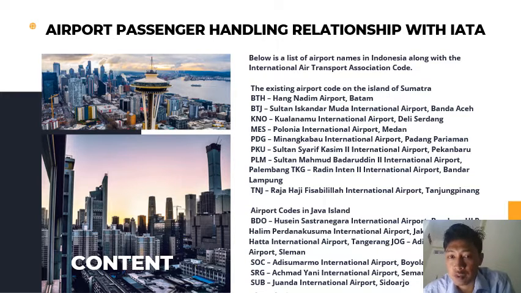There are airport codes on the island of Sumatra. There are a lot of codes, and there are airport codes on the Java islands too. For example, we can see there are PDO, SOC, SRG, CGK, GOG, and SUB.